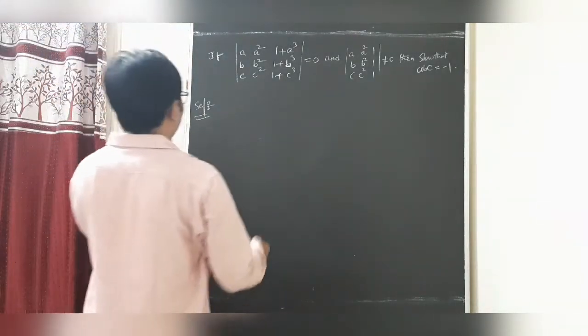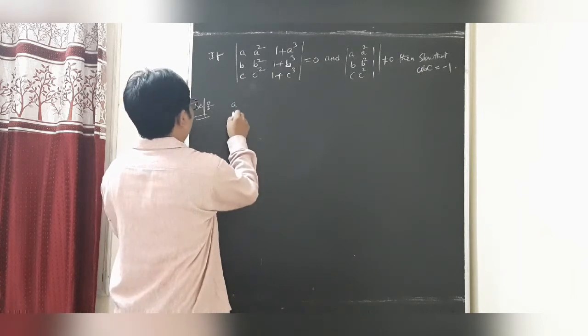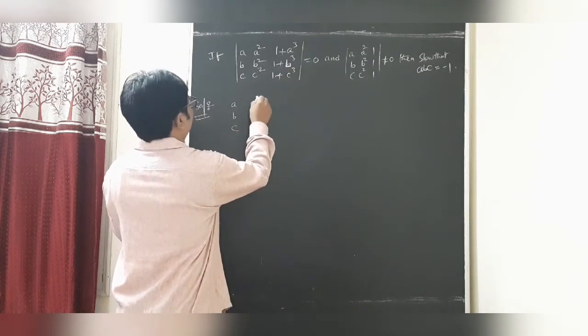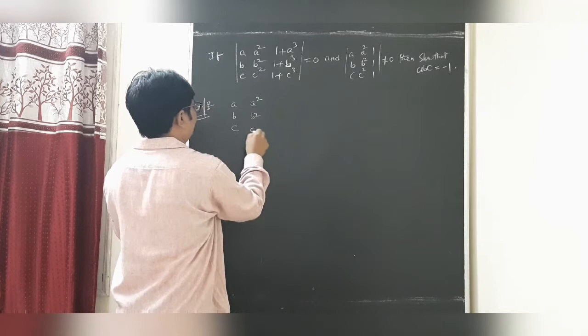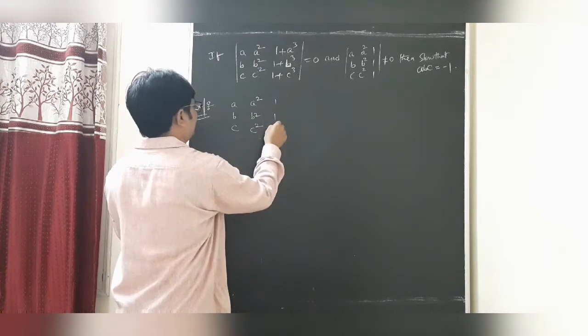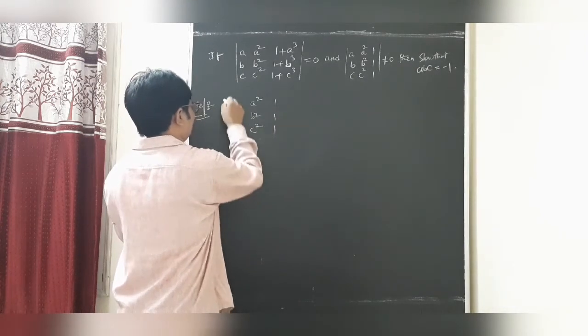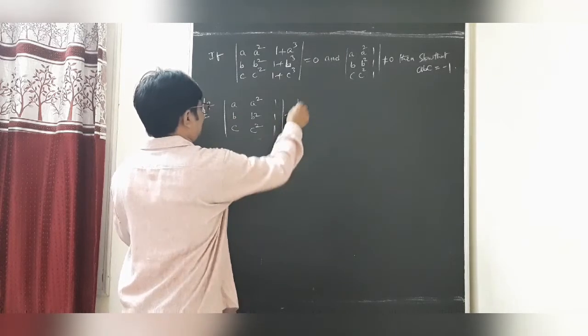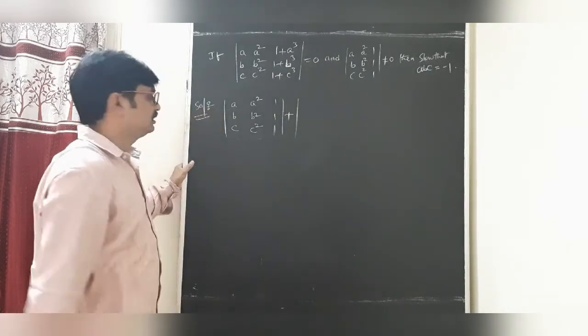So, students, this is abc, a square, b square, c square, 1 1 1. We know that this one expands into the two determinants.